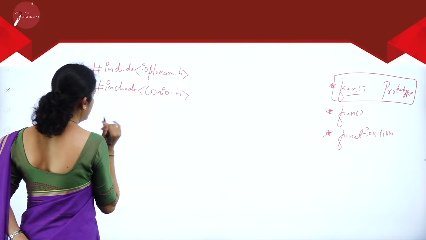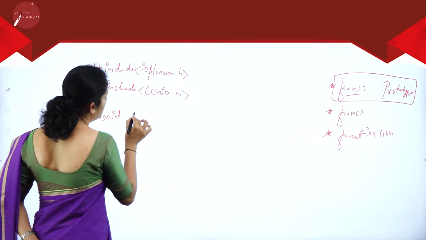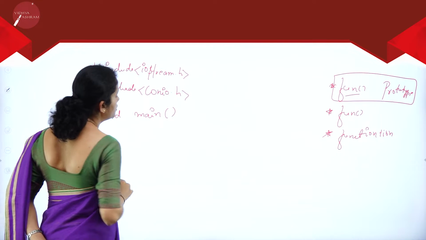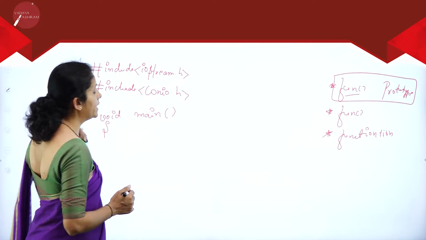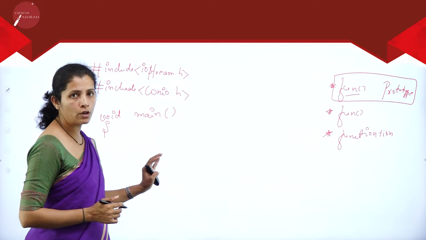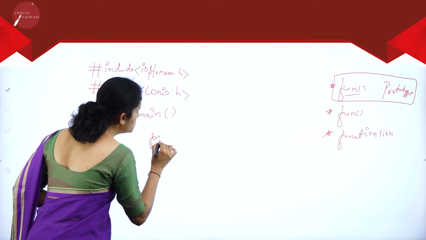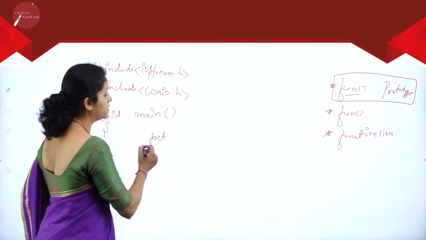Now think that I'm going to write the main program. That means I'm going to write the function definition below the main program. So at the beginning, I need to specify the function prototype. As we know, first I need to write the user-defined function name, for example, fact.